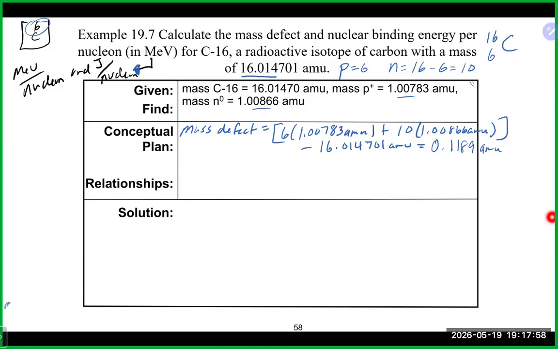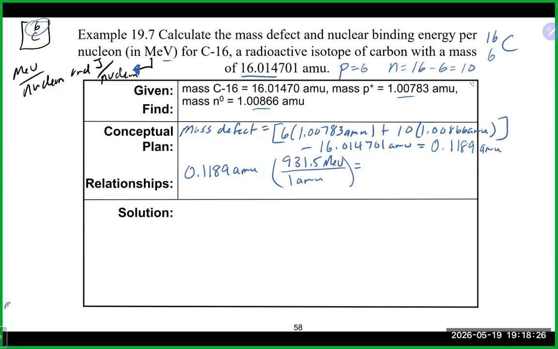At this point, you have really two options. You can use Einstein's equation, or you can use those conversions. Since we're looking for each, it doesn't really matter, but we'll go with the conversions first. 0.1189 AMU. Again, 1 AMU of mass defect equals 931.5 mega electron volts.